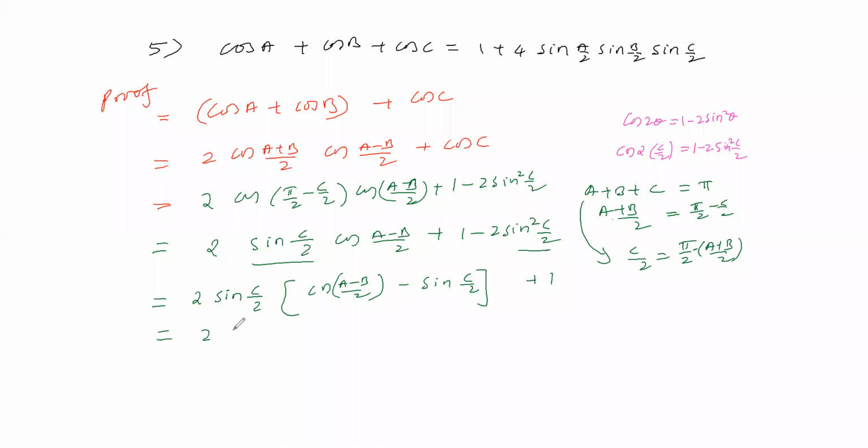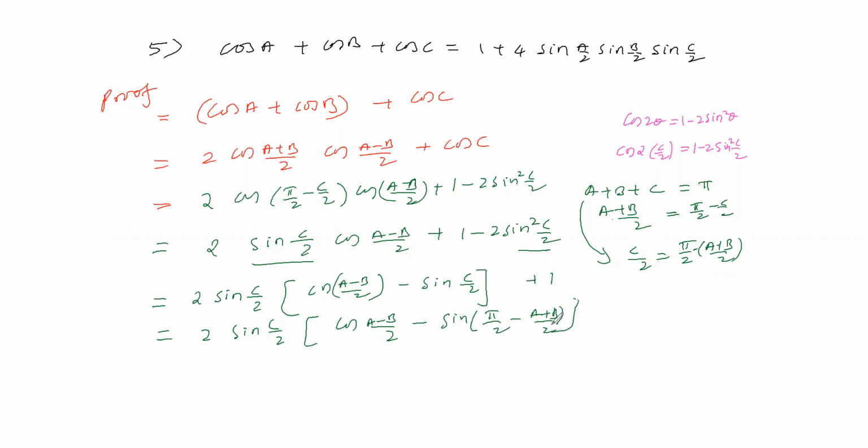So substitute here 2 sin(C/2) into cos((A-B)/2), and now we substitute sin in the C/2 place with pi/2 minus (A+B)/2.